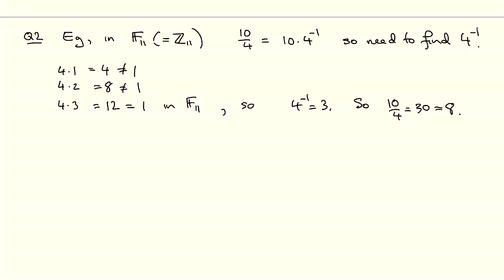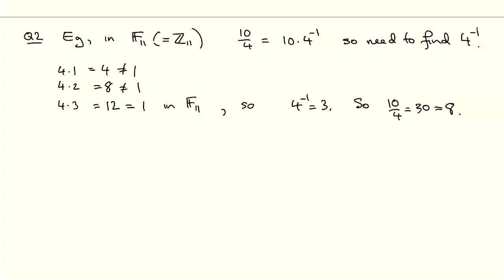That was to use Bezout's identity to write 1 as a linear combination of 4 and 11. You probably don't remember how to do that. It's in a tute. I must admit I don't really remember how to do it either. So I'll go through another way of finding the inverse that has a formula for the inverse.